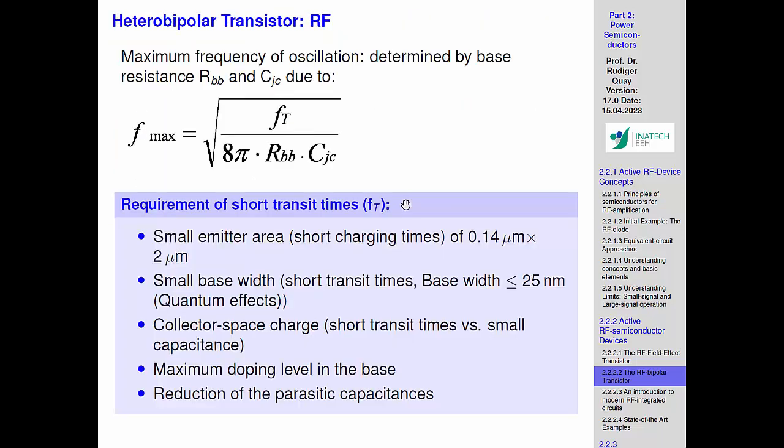And the other thing is you want to have RBB. This is similar to the gate resistance. So this is essentially into the base, how much resistance in series do I see when I go in. And it's clear if I'm controlling by a current, then I want a very low resistance because otherwise I will kill my current. So I want to keep this low.